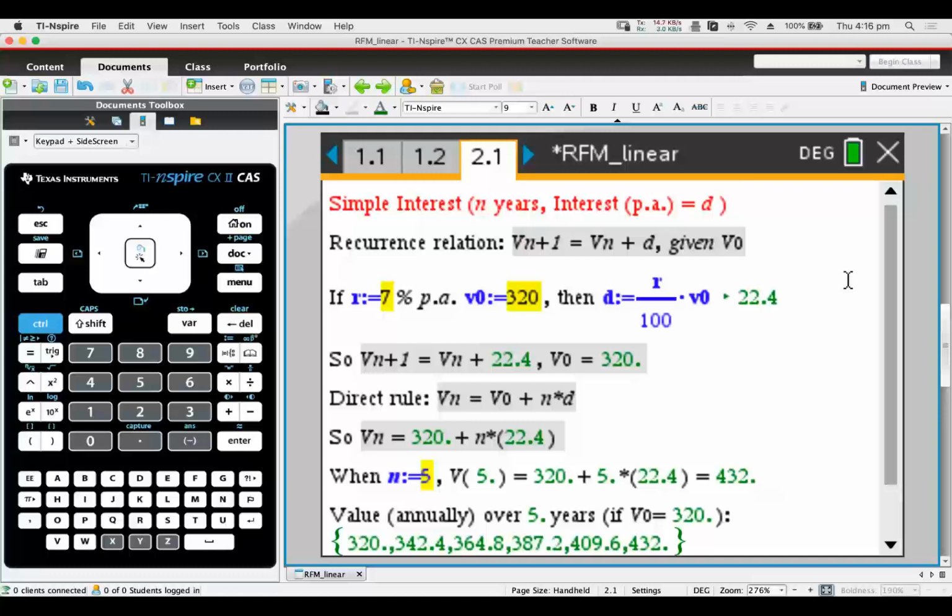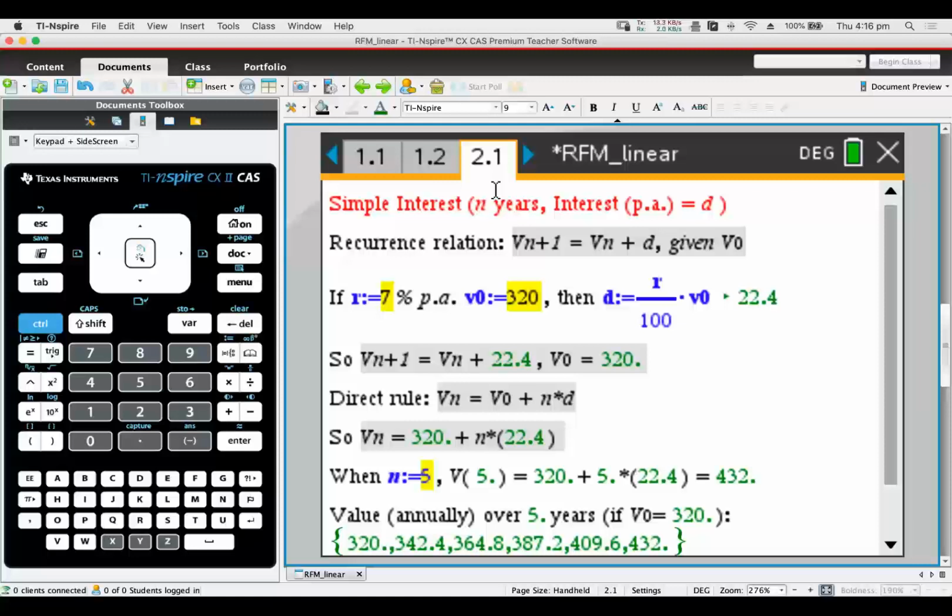The other thing I want you to notice is, you might think, why doesn't it say 1.3 here? The reason is because we're using variables like V0 and D and N, and we want them to be only specific to the simple interest application.